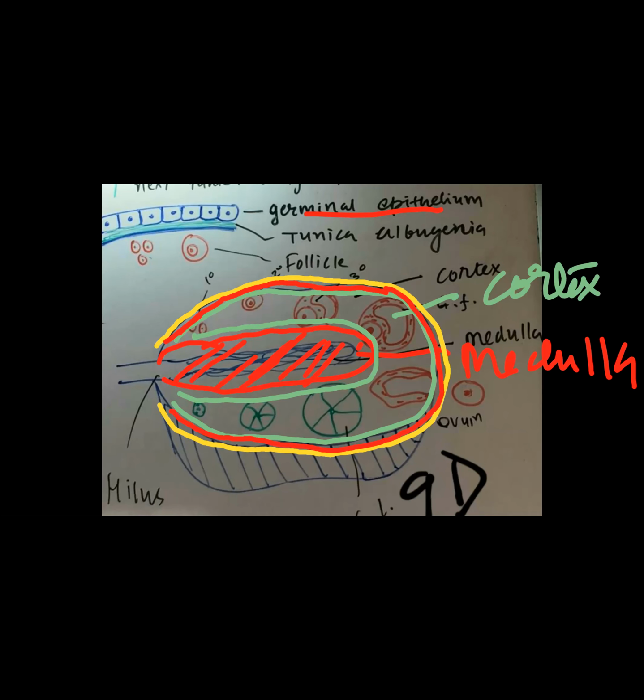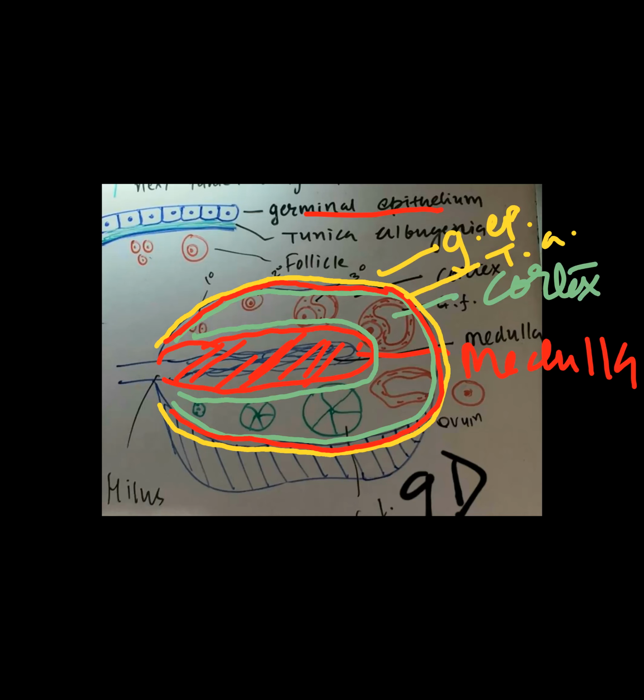Now, if outermost is the germinal epithelium, inner to that is the tunica albuginea, and then starts the stroma, in which the outer part of the stroma is indicated here as a green colored one, that is the cortex. The inner core region is termed the medulla of the ovary.